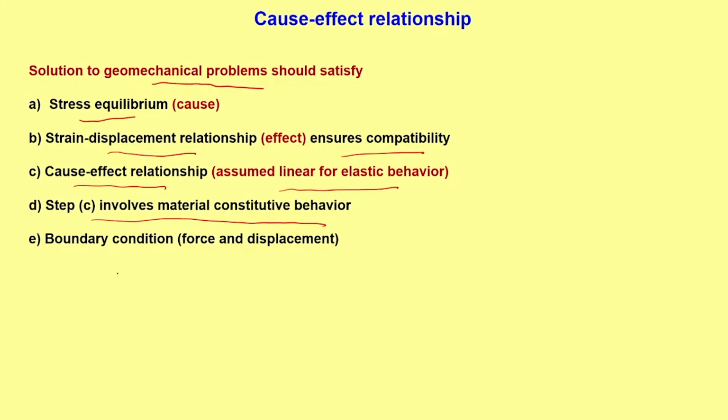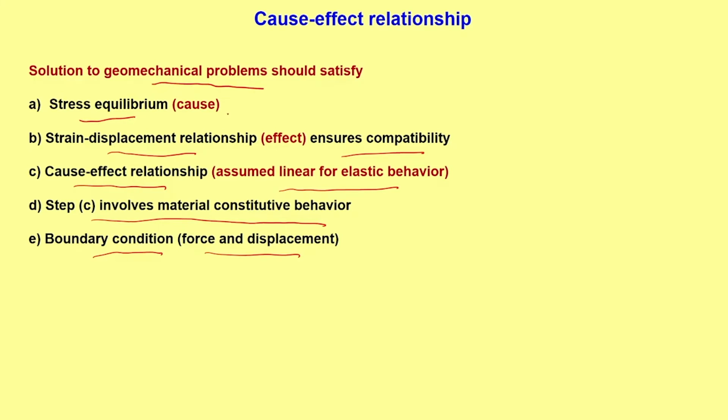So, what type of response a material exhibits will depend upon the constitutive nature of that particular material. And then we also need to satisfy the boundary conditions, both in terms of force and displacement. So, these are some of the minimal requirements to solve a problem in geomechanics.